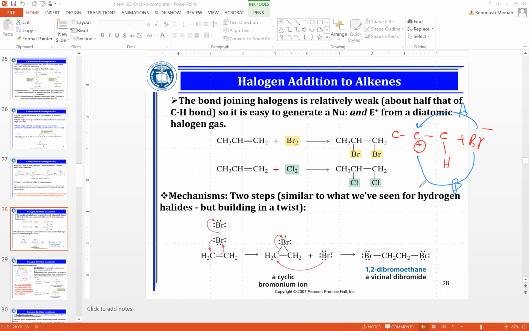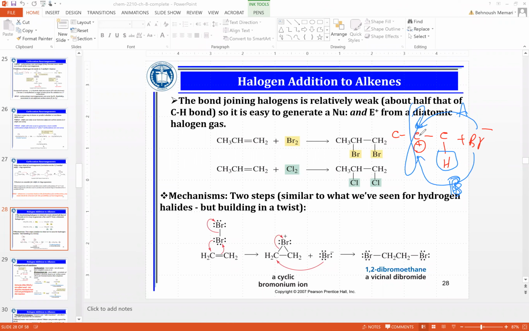A or B? If it adds from the bottom, since hydrogen has already been added there, it is known as syn addition, same side addition. And if it comes from the top, it is anti-addition. What do you think will happen when a carbocation forms? I think syn addition.